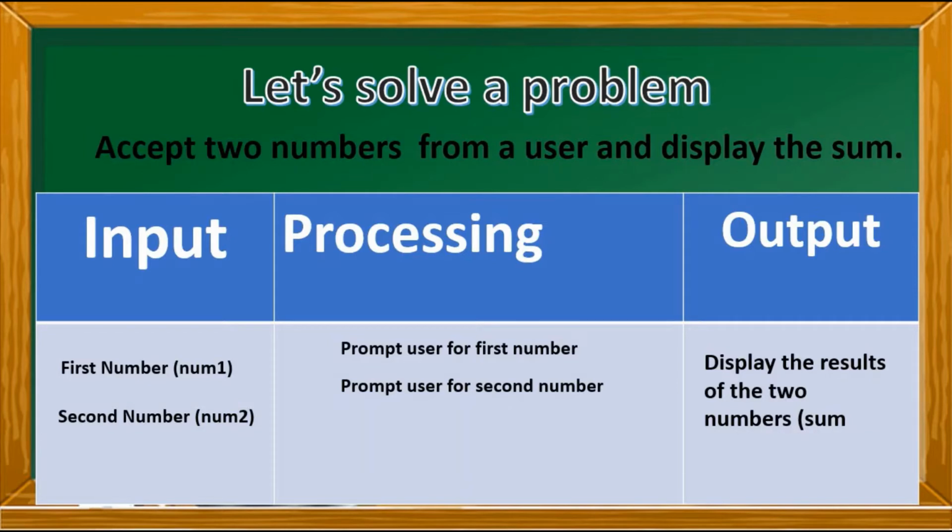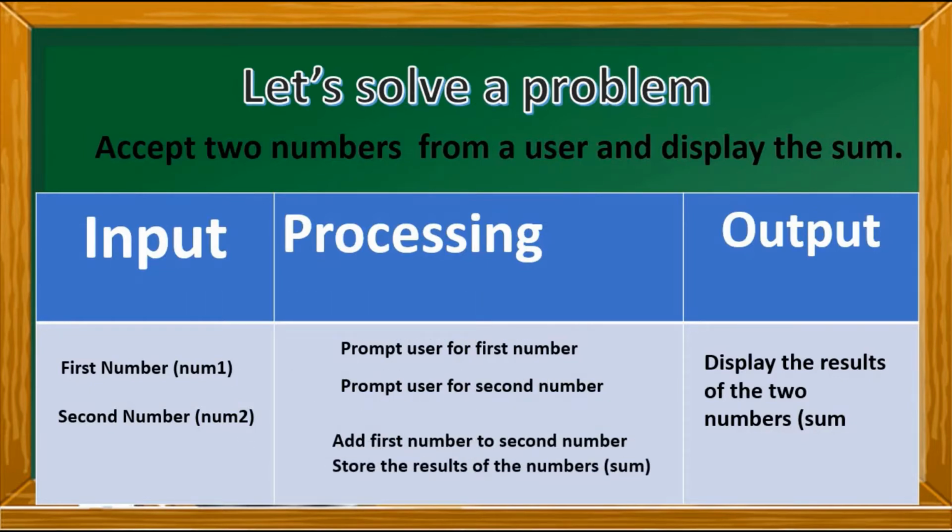How do we find the sum? The next thing in the processing stage is adding the first number to the second number. Then the computer will proceed to store the result, which is the sum. So this was one way of breaking down the problem into manageable parts that we can see and understand.